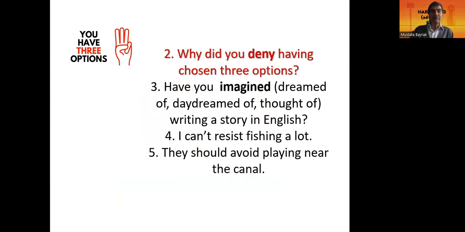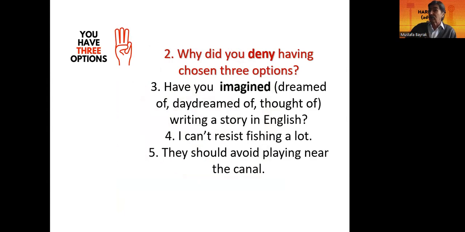Okay, you have three options. You have three preferences. You have three choices. Okay, options. Two, why did you deny doing something? Okay, why did you deny having chosen three options? I saw that you chose three options, not four, not one, not five, three options.